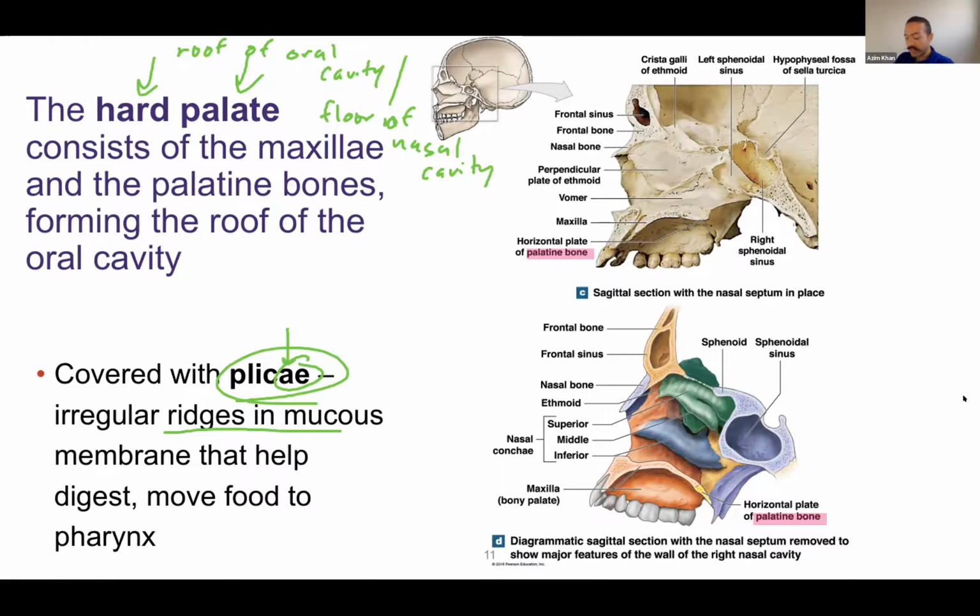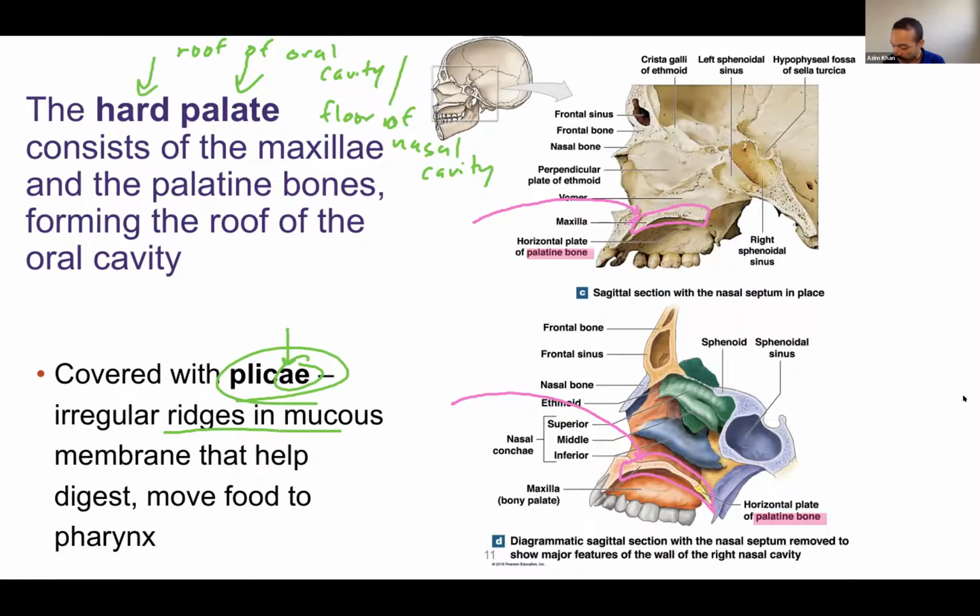In these mid-sagittal pictures, you can see the hard palate here and over here. The hard palate is made up of two bones. The maxillae make up one of those bones.